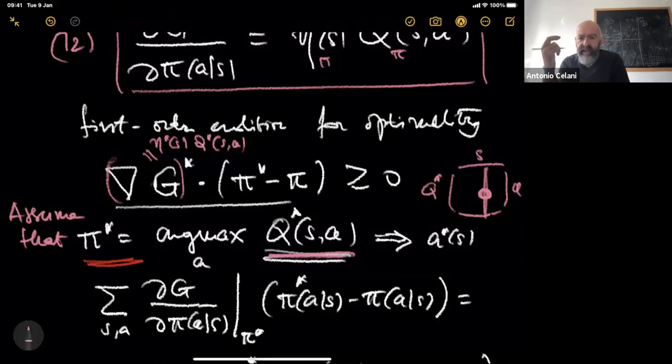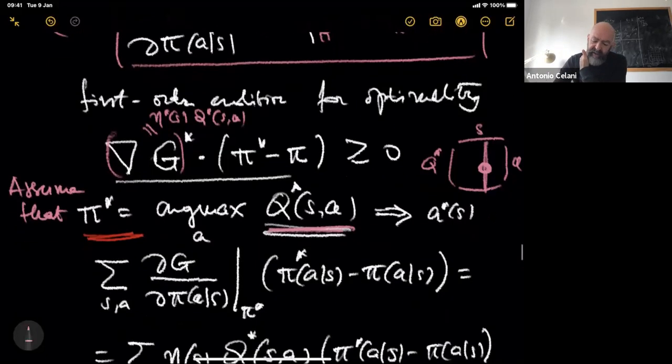What is the idea? The idea is that if Q star is expressing what I can get from a state-action pair, then if I am at a state, and I compare all possible options that I have, that is all possible A's, I have to pick the one which gives me the largest Q. And that's what I'm doing here.